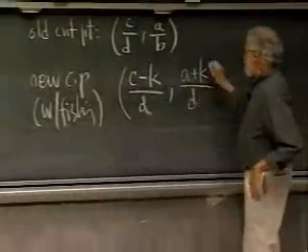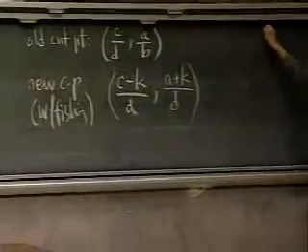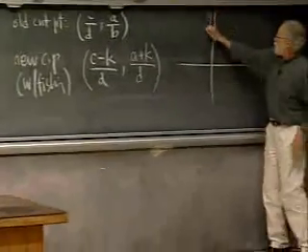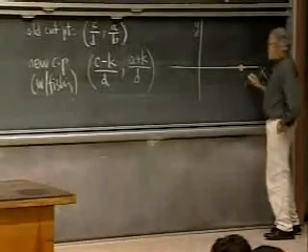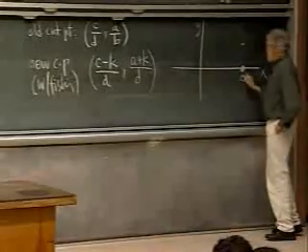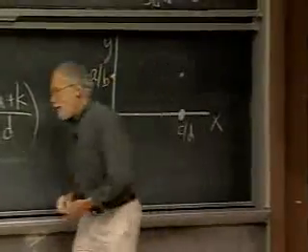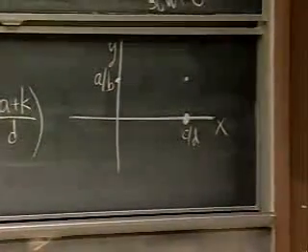So what's the effect of fishing? Well, if the old critical point was over here, let's say this is the point c over d, and this is the point a over b. That's the old critical point.